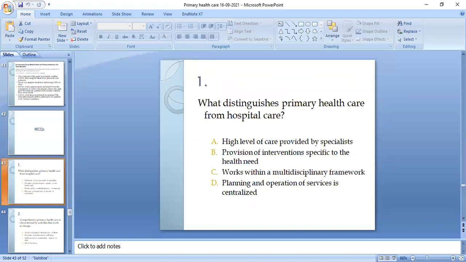C is the correct option. C is the correct option because in primary health care, there is a multidisciplinary approach or intersectoral approach in which multiple sectors and multiple disciplines work together.